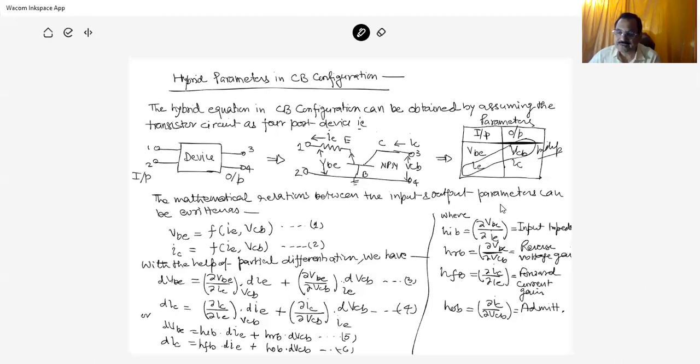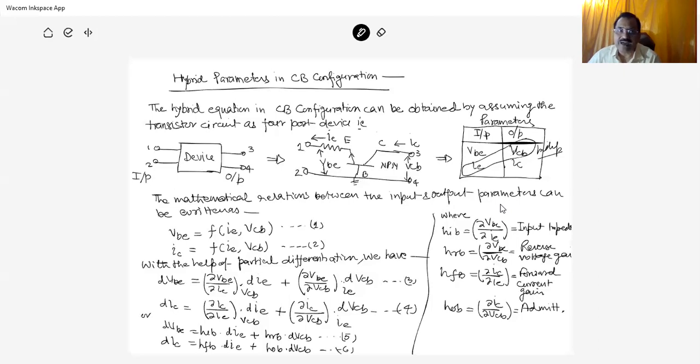This is equation number 3. dIC is equal to del IC upon del IE into dIE at constant VCB, plus del IC upon del VCB into dVCB at constant current IE. This is equation number 4.